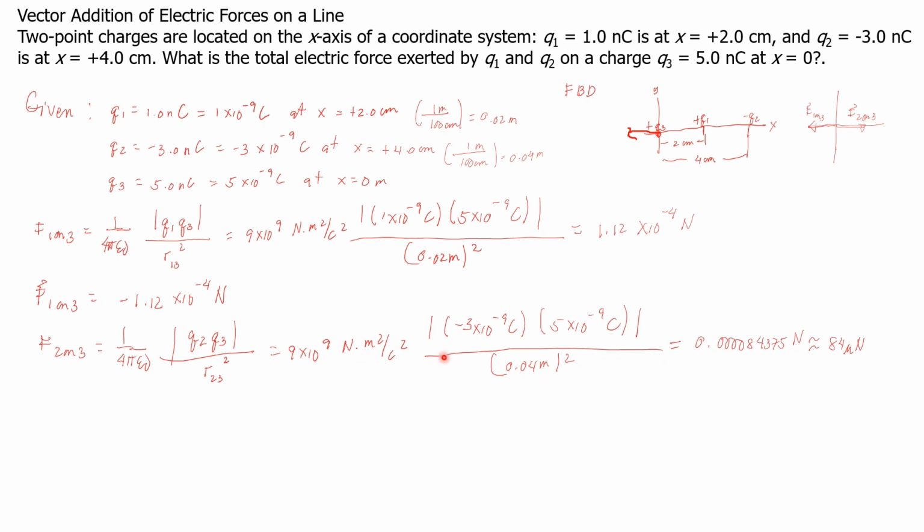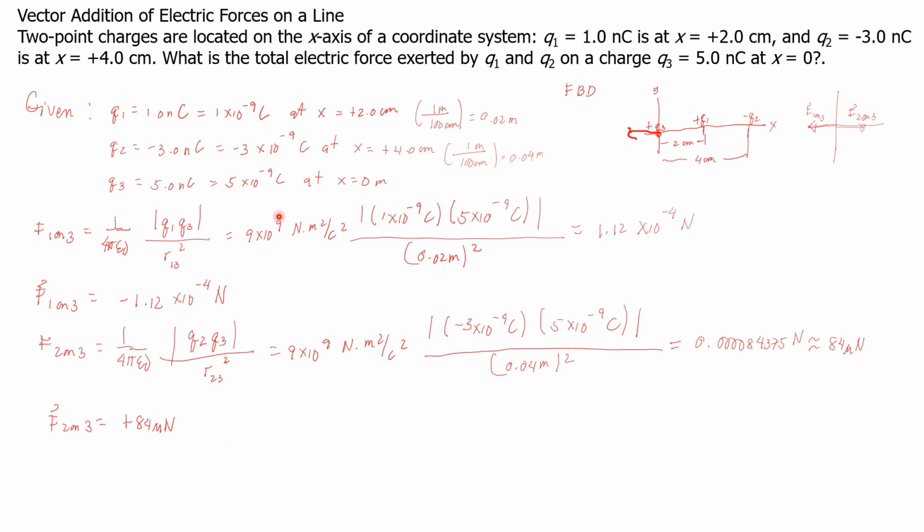So the magnitude of the force is equivalent to 84 micronewton. And again, the direction is going to the positive x direction. So we can say that the vector of the force of charge 2 exerted on 3 is positive 84 micronewton.